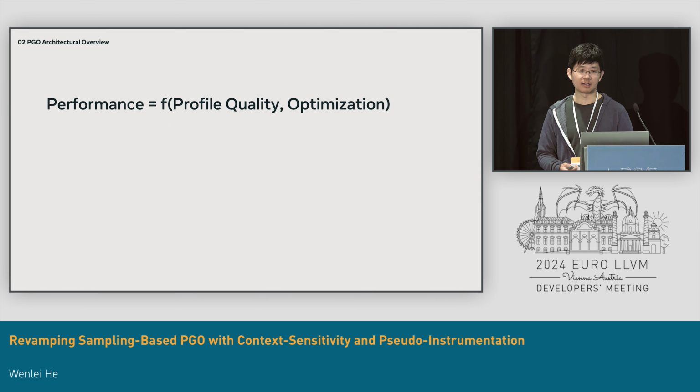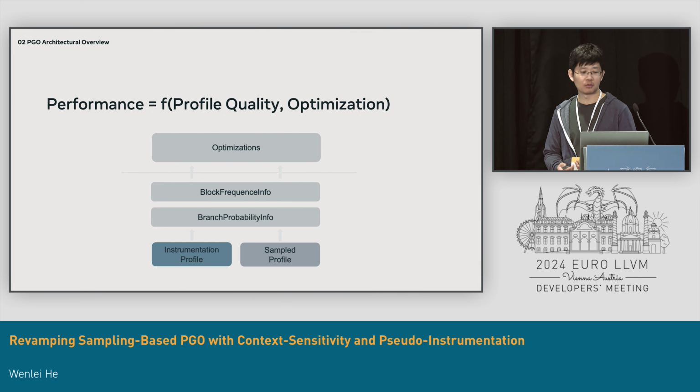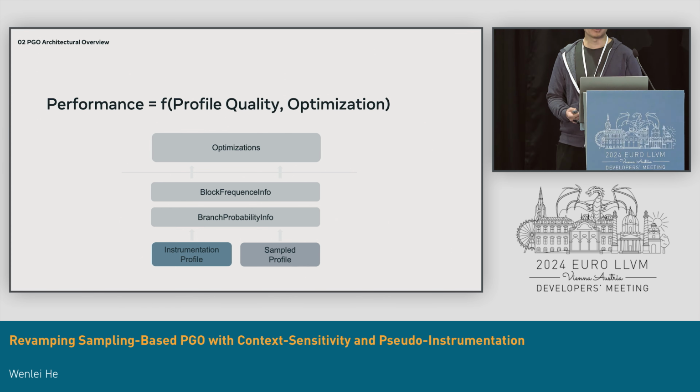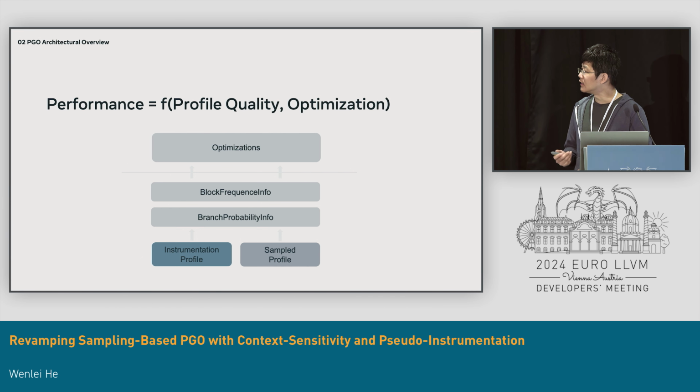In order to answer that question, we look at what things can affect the performance of PGO. It comes down to profile quality and the optimization. Now, if we compare instrumentation PGO with sampling PGO, we can see that they largely share the same optimization pipeline, and even most of the PGO infrastructure, for example, the BPI and BFI in LLVM.